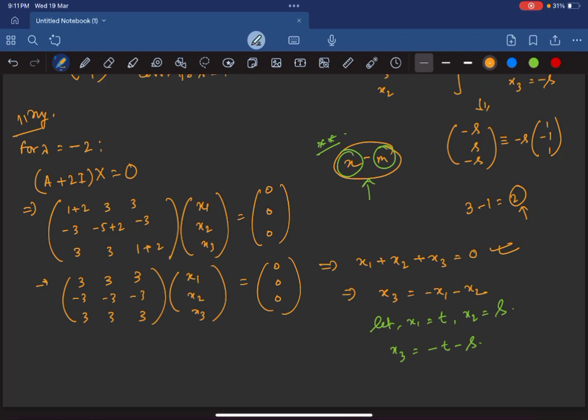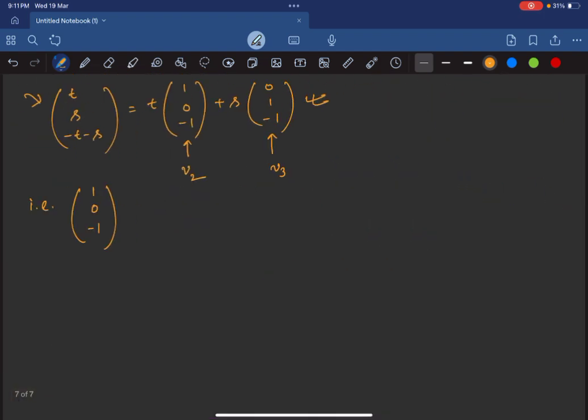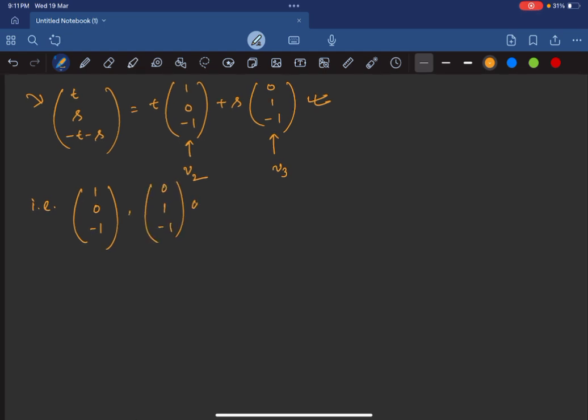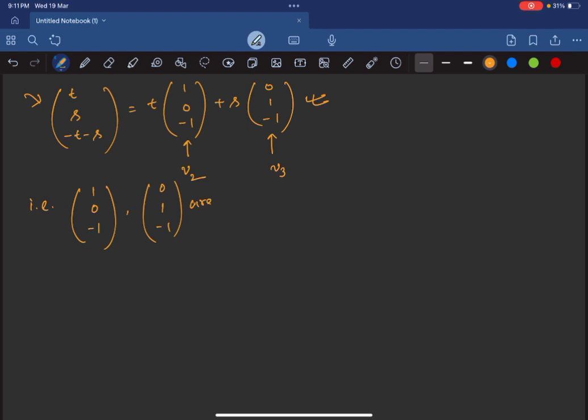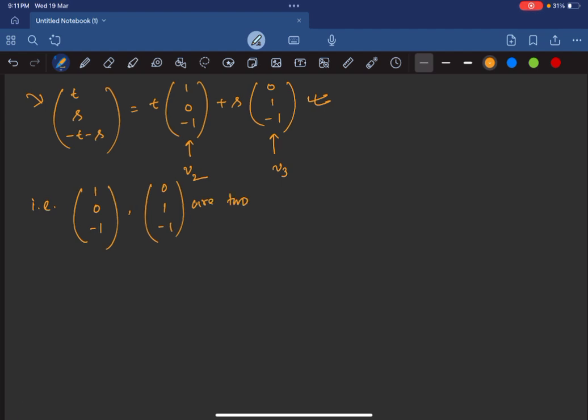Let me check it once: x1 is t, x2 is s, and x3 is minus t minus s. So these are two linearly independent eigenvectors corresponding to lambda equals minus 2.